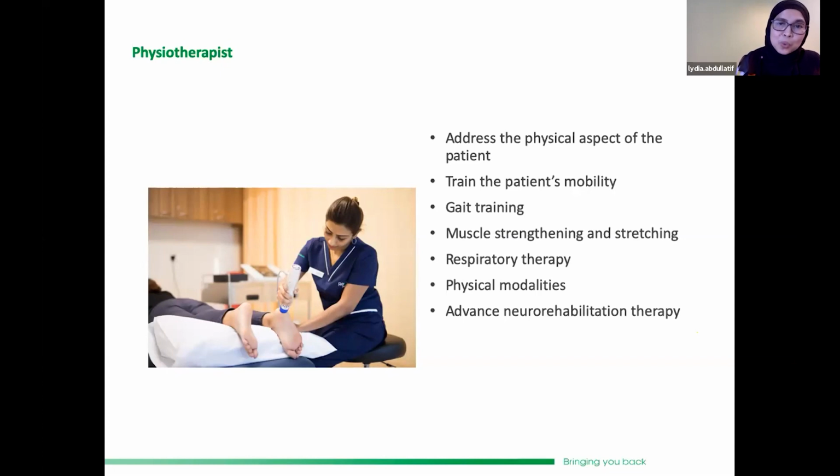They will deliver muscle strengthening, muscle stretching education, and provide the exercises per se to the patient. They will do the respiratory therapy and the physical modalities. And for those patients who are treating MND, at least in PPUM as well as in Regen, they usually would have some advanced neuro rehab therapy knowledge.